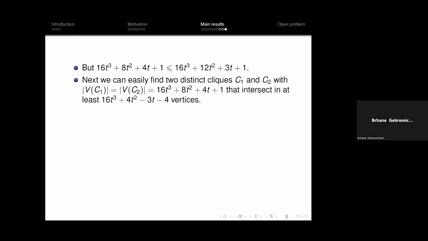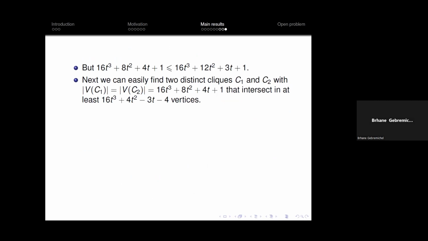Next, as this inequality is true, now we can easily find two distinct cliques, C1 and C2, with order of C1 equal to order of C2 equal to 16t³ + 8t² + 4t + 1, that intersect in at least 16t³ + 4t² - 3t - 4 vertices.